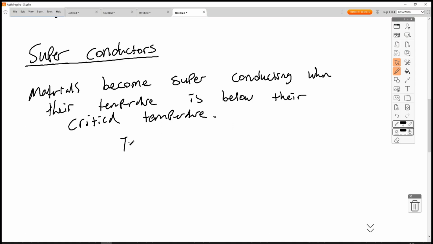And typically, this is between minus 150 degrees C to minus 200 degrees C. So it depends on the material that you're working with.